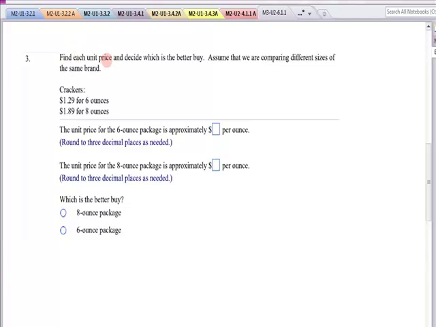Now, in the next problem, we're going to use the unit price to do some comparing. It says find each unit price and then decide which is the better buy. Now, the better buy is cheaper. All right, so I'm going to do each one of these. It says the unit price for the 6-ounce package is approximately, and it says round to 3 decimal places. So for the 6-ounce, I have $1.29 divided by 6, and the abbreviation for ounces is OZ.